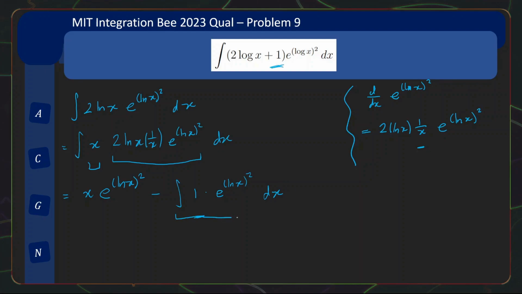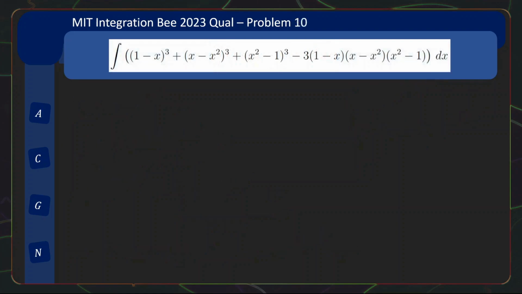So if we move this entire thing to the left hand side, then what we have is the integral of 2 ln x plus 1 times e to the ln x squared dx equals x e to the ln x squared plus c. So another elegant problem. Hope you enjoyed this problem as well. I really like this problem too.